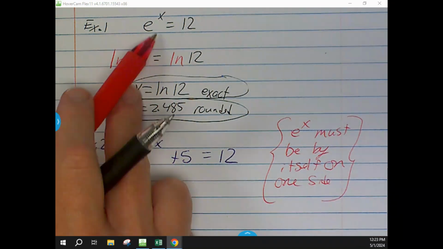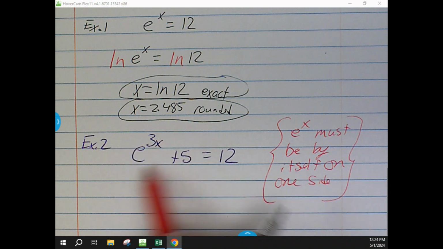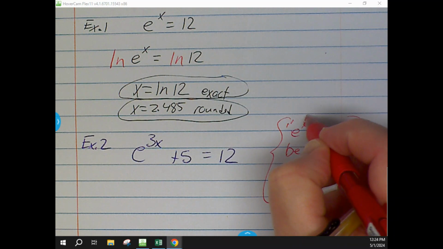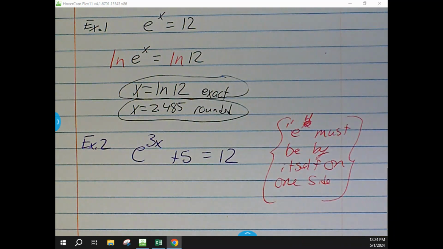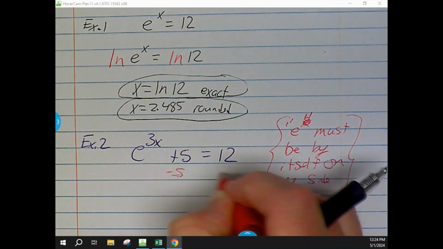On the first problem, we had e to the x up here by itself. Even if it's e to the 3x, that's fine, but the e has got to be by itself. So in this case, we've got plus 5, so we just need to do minus 5 first.